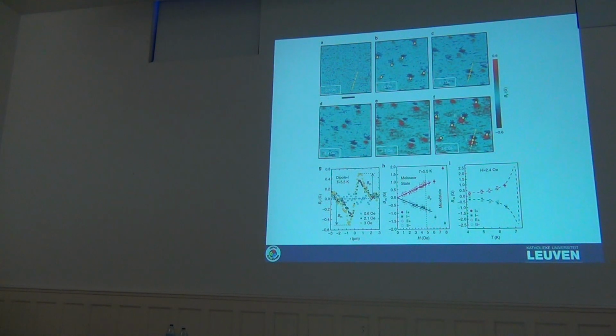Important also is that in local magnetic fields, you measure with the scanning Hall cross exactly the amplitude of the field. You can see that this vortex and antivortex, each of them is carrying flux substantially less than one flux quantum.